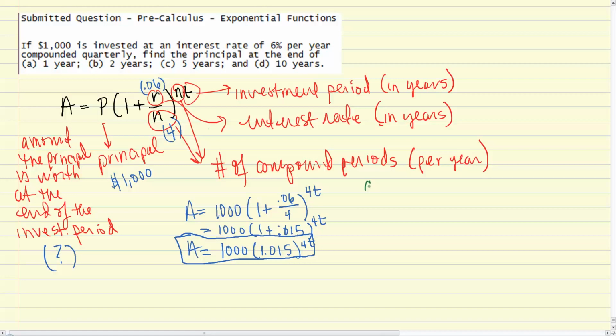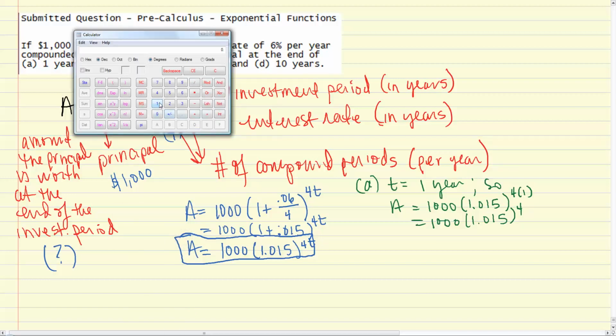In A, we have t equals 1 year. So A equals 1,000 times 1.015 to the 4 times 1, which is just 1,000 times 1.015 to the 4. Let's pull up that calculator.